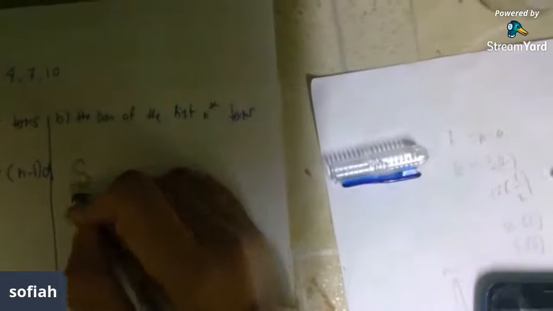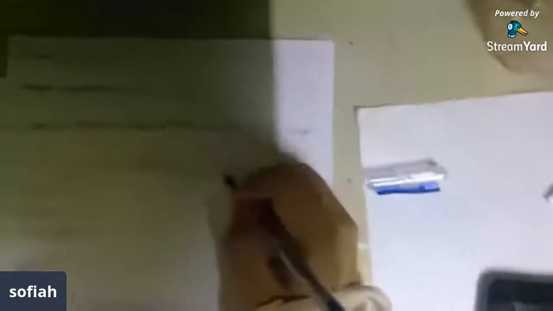We are just finding the formula of the first nth term for this particular progression. So we are still using the same formula, Sn equals n over 2.